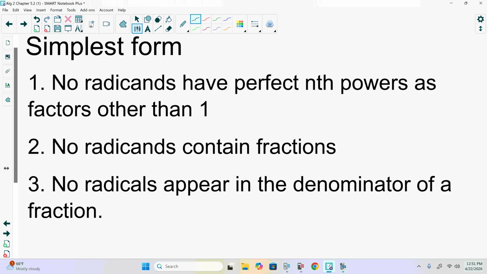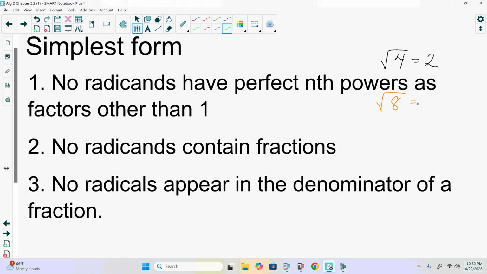But if a radical, this is mainly focused on our radicals, our square roots, cube roots, fourth roots. A radical can be said to be in simplest form if, 1, no radicands have perfect nth powers as factors other than 1. What this is saying, we cannot leave our answer as the square root of 4 for sure, because the square root of 4 is 2. When we leave it in simplest radical form, we cannot leave it as the square root of 8.